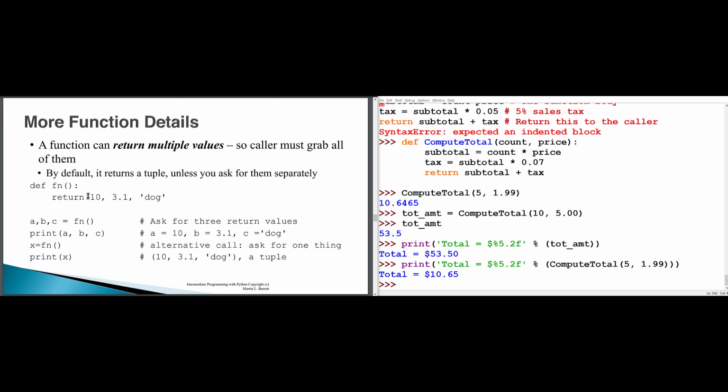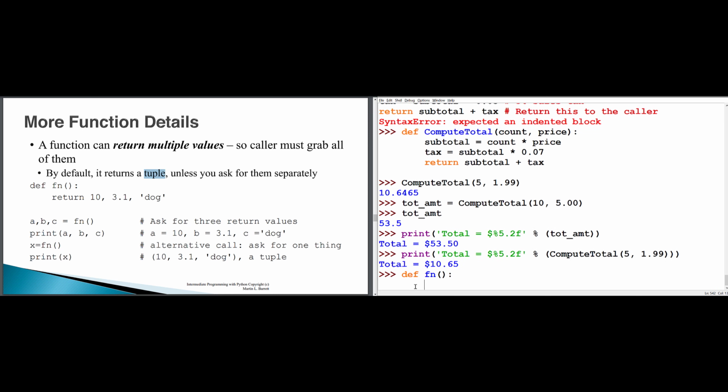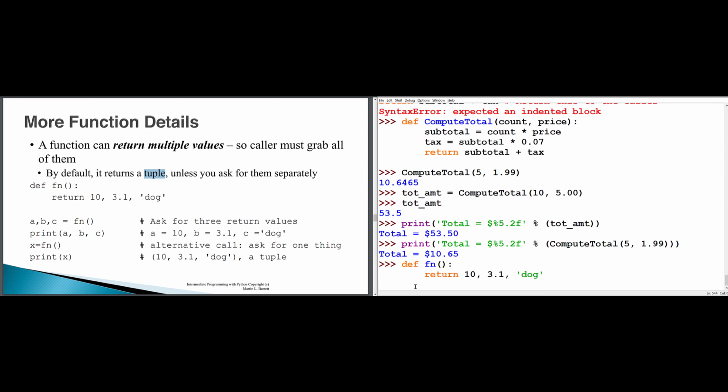It is possible in a return statement to return multiple values rather than just one. And if you do that, what you get back is a tuple. Now, you can receive that tuple into a single variable. Here I'm defining fn to be a function that takes no parameters and returns a tuple consisting of 10, 3.1, and dog.